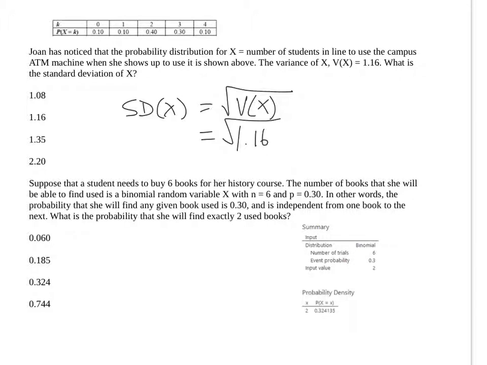When we plug that into a calculator, we're going to find that that is approximately equal to, any guesses? 1.08. Alright? It's as simple as that. If you can remember this line right here, that's the key to solving this one. There's our answer.